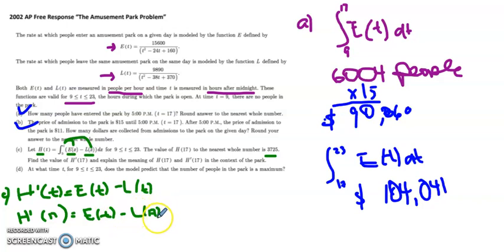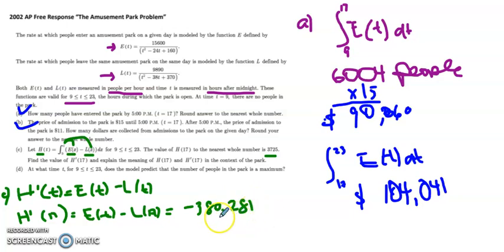And I can just go to my E and my L and plug in 17 into both. I'm not going to show you that on my calculator because it's a simple plug-in, but I'm going to get out negative 380.281.